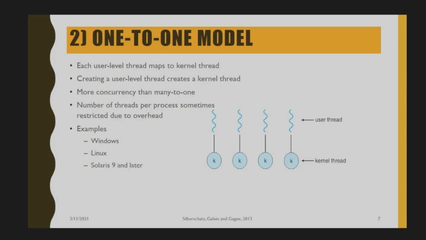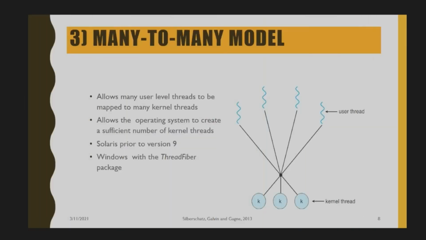Okay. So the next model we have is many to many. In the many to many model, we have multiple user threads that map to many kernel threads. You can see here we have multiple threads mapping to multiple kernel threads. So this is the difference between one to one and one to many.